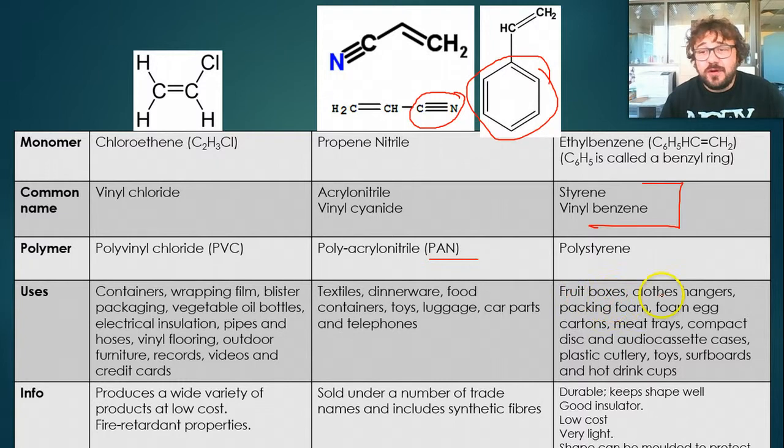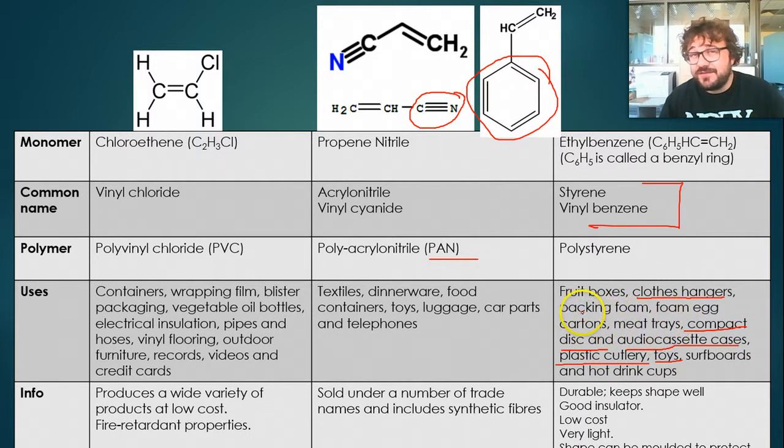So you see it in fruit boxes, packing foam, meat trays, and so on. But you also see it in the weird ones: coat hangers, toys, cutlery, cassette cases or CD cases. That's an old one. Compact disc cases.